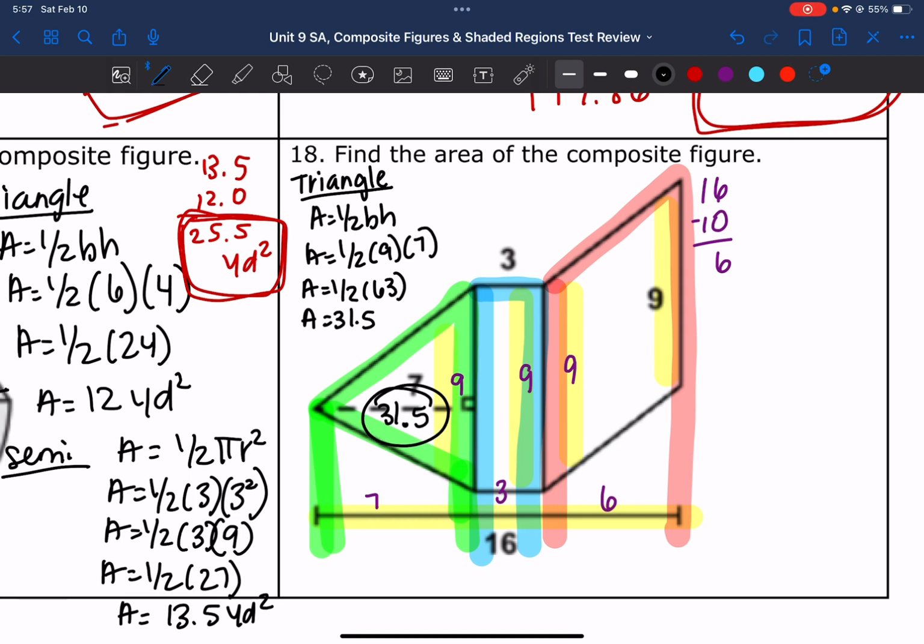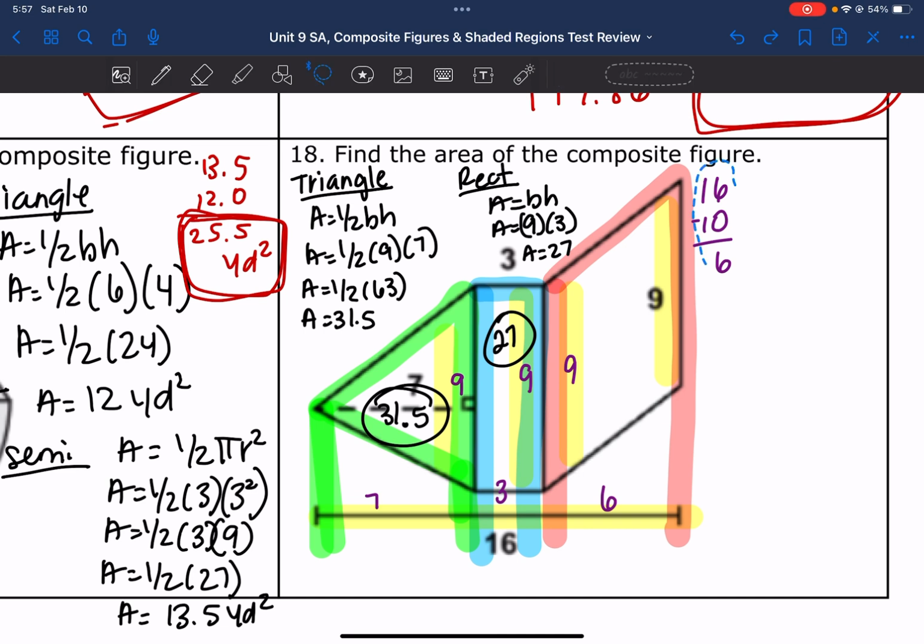Now let's do the rectangle. That is area equals base times height, which is going to be 9 times 3, which is 27. So this in here is 27. Now we have the parallelogram. I'm going to actually erase this.